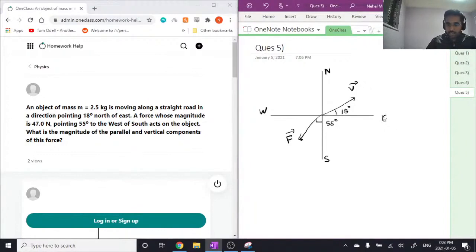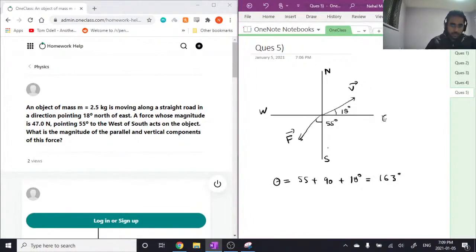This is actually at an angle of 55 plus 90 plus 18 degrees with respect to the object. That's the force which is being applied, and we would have to use that in order to calculate the forces on the object. So our theta is actually equal to 55 plus 90 plus 18 degrees, which is equal to 163 degrees. Okay, so it's 163 degrees from this point to there.